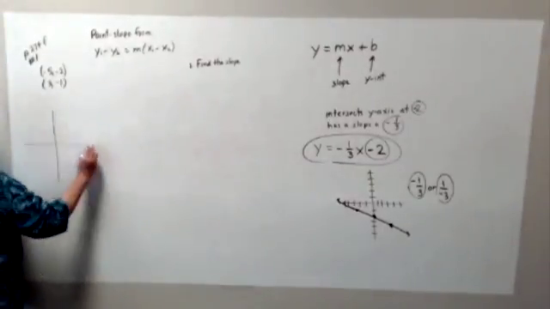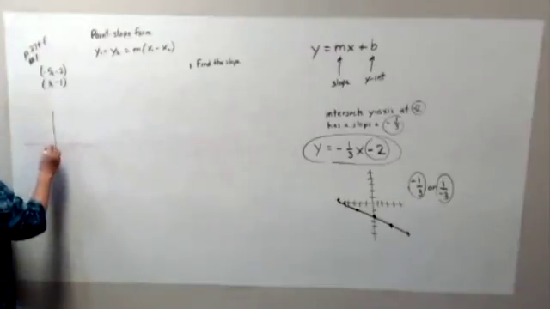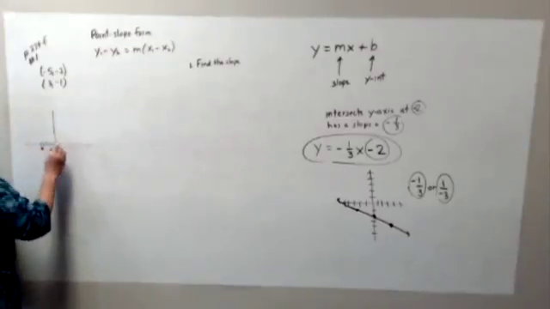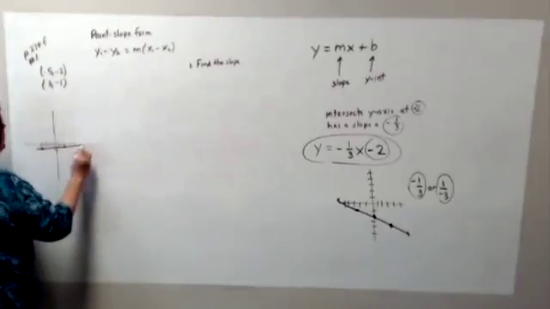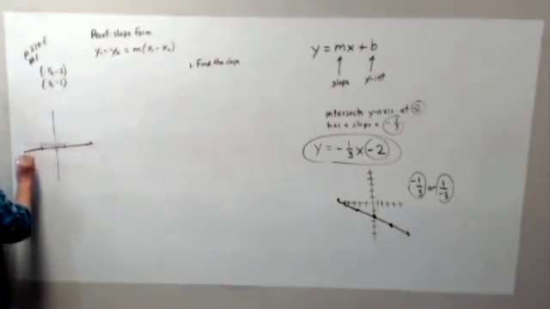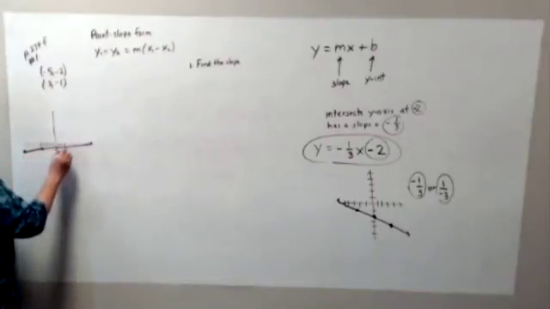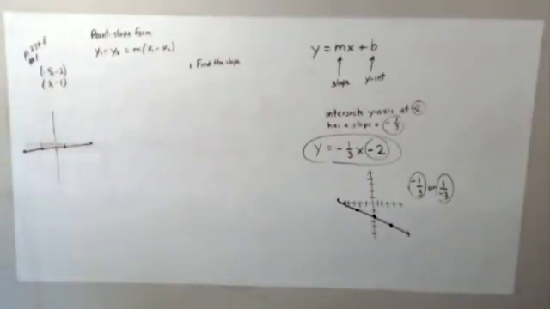So here we have a graph, -5, -2, and here's 1 point, and 3, -1. So we have a line on the graph, and it contains these 2 points. And we want an equation for that line.